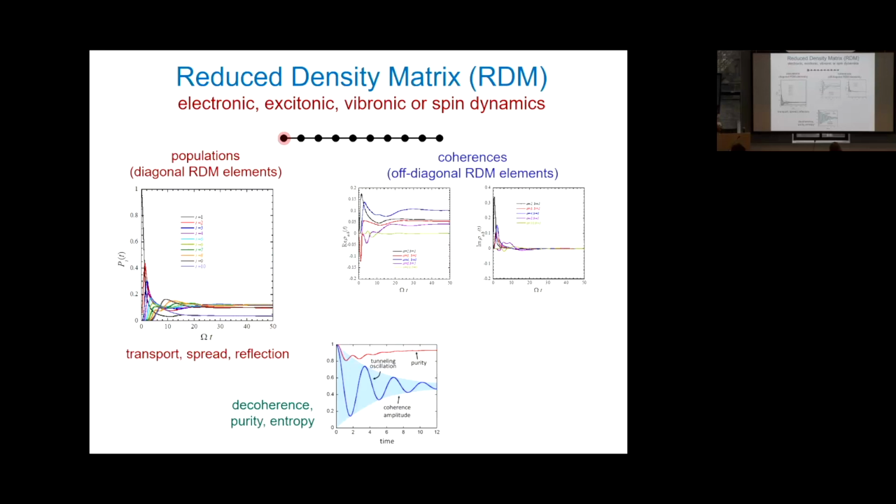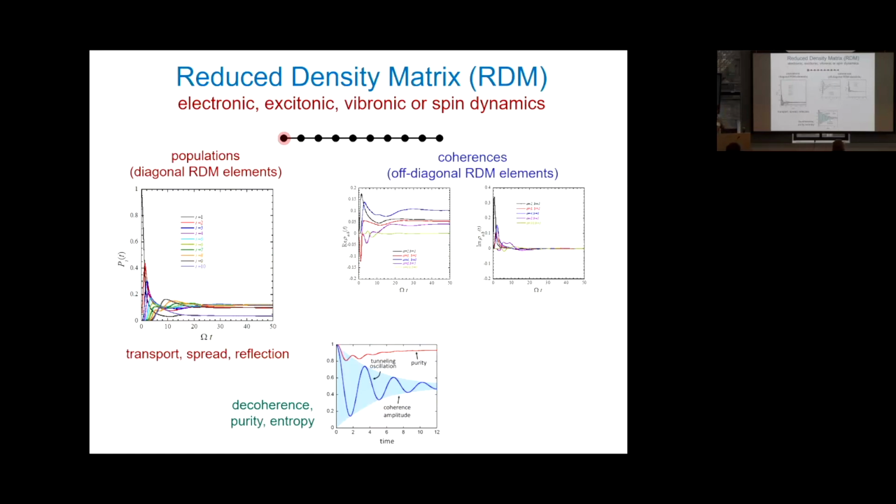If we take the diagonal elements of a reduced density matrix, those are state populations, we all know that, and we can plot them and see how, say, the energy starts here and how it moves around the other units in the system. That's kind of the simplest thing you can do.